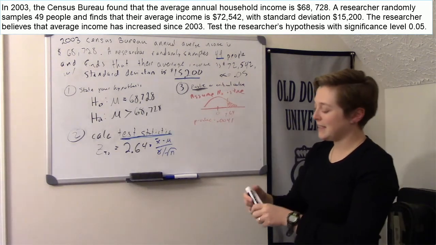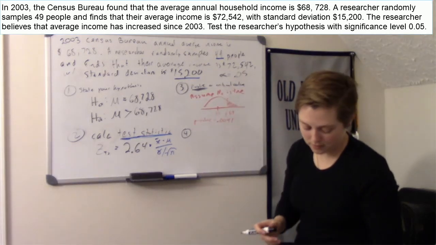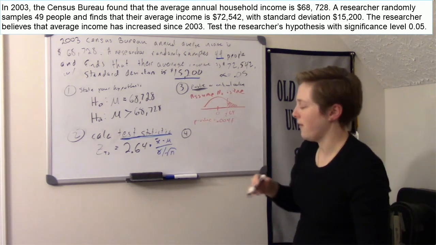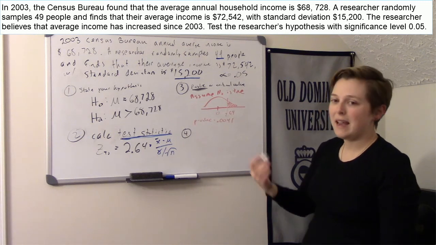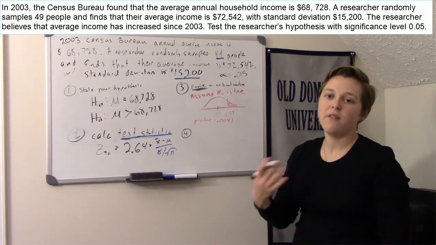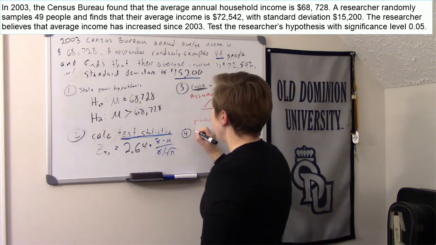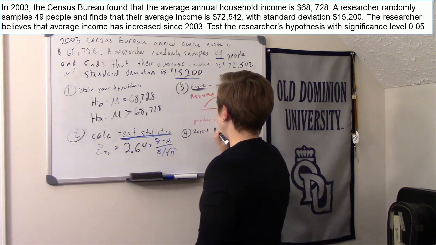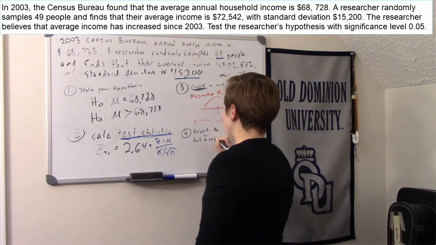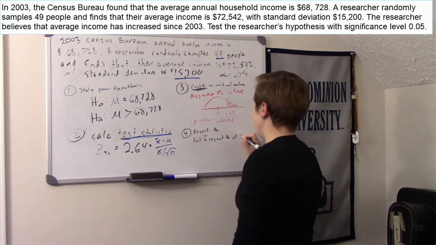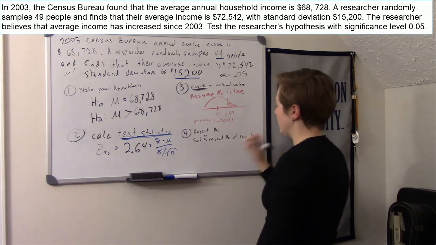Okay, so now last step, fourth step. Actually, some people break the fourth step into 2 different steps, so I'll do 4 and 5. The fourth step is to say either reject the null hypothesis or fail to reject the null hypothesis. Those are your 2 options, and you have to say it just like that: reject H0, or fail to reject H0, at significance level, and you should specify your significance level.